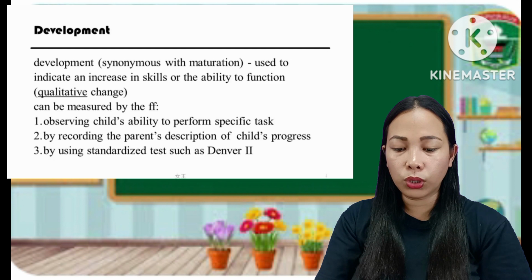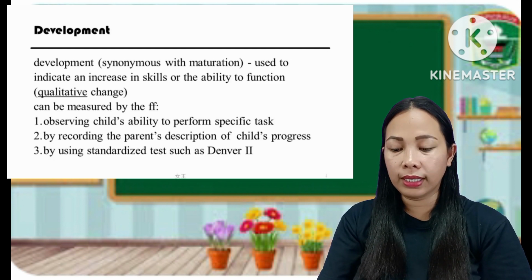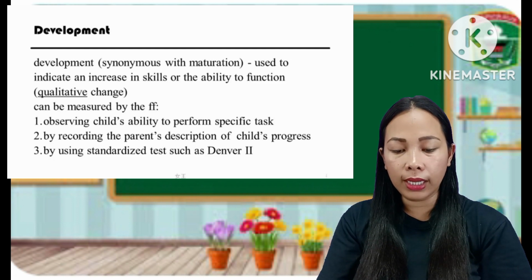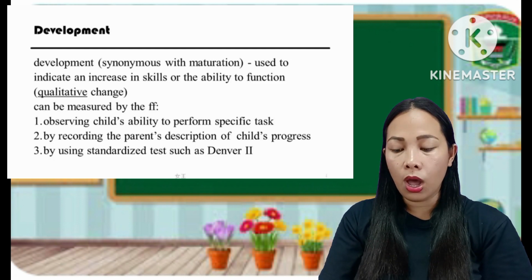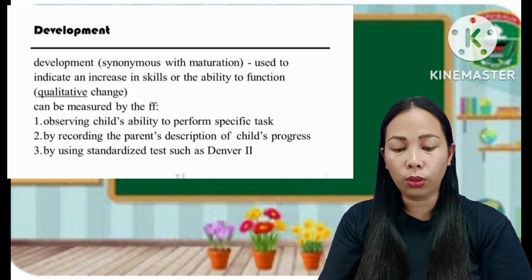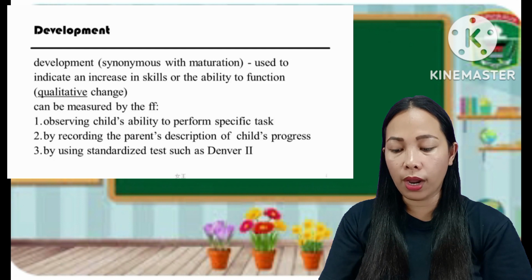Development is synonymous with maturation, used to indicate an increase in skills and the ability to function. It is a qualitative change and can be measured by the following. Number 1, observing the child's ability to perform a specific task. Number 2, recording the parent's description of the child's progress.